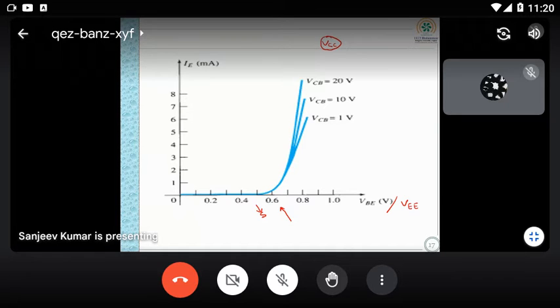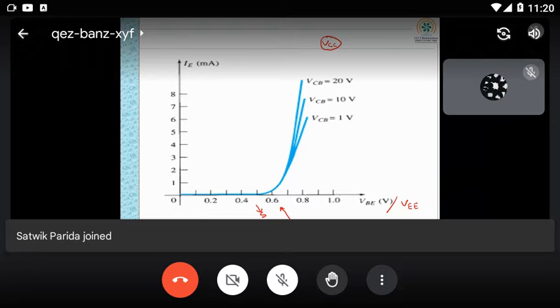The naming depends upon the potential difference between two terminals. So accordingly, for different collector base voltages, if you plot the voltage VE or VB versus emitter current, this is the behavior, and this is the input characteristic of your common base configuration.